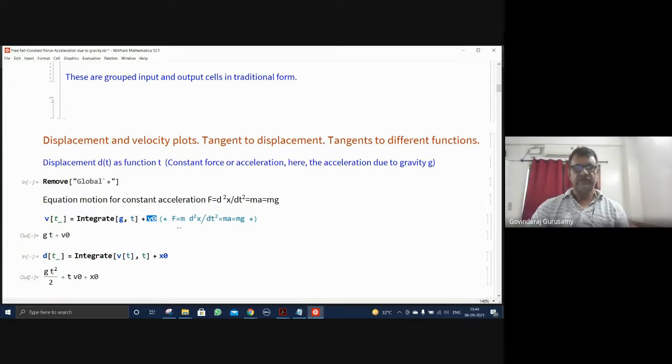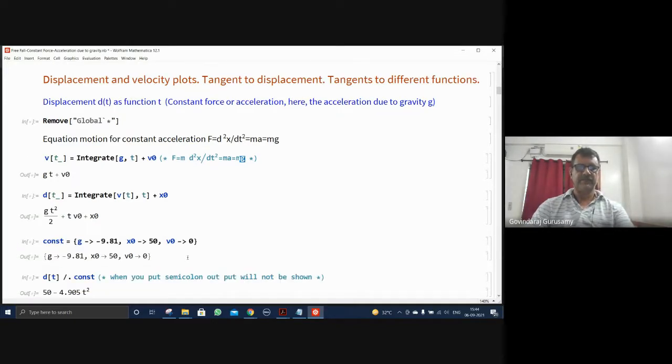Now the force you have here is m d squared x by dt squared equal to ma. In this case it happens to be g, because we are dropping an object vertically from a particular height. So let's take about 50 meters or so. That's your initial position of the particle, and initial velocity equal to 0.